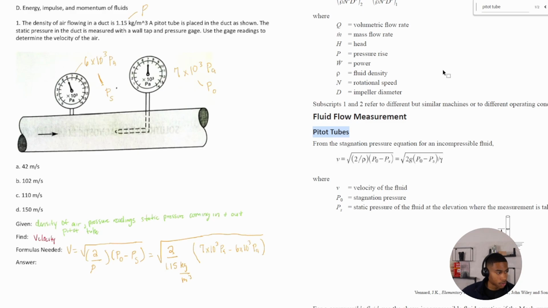So we have to note that our units don't match.